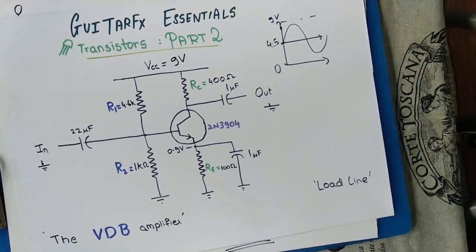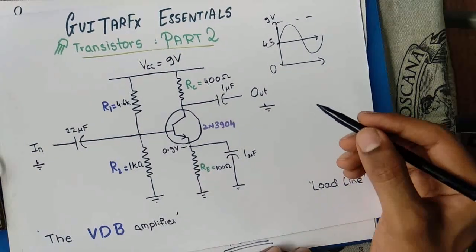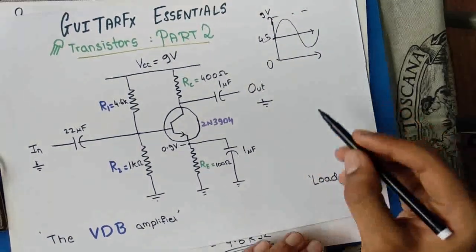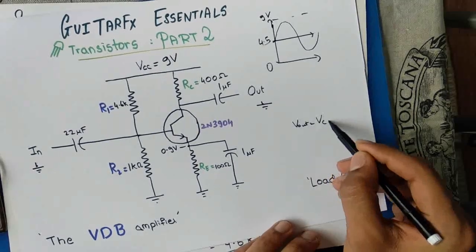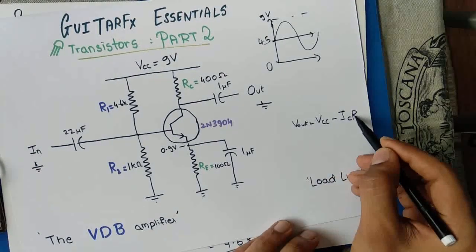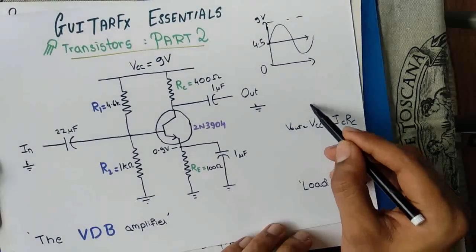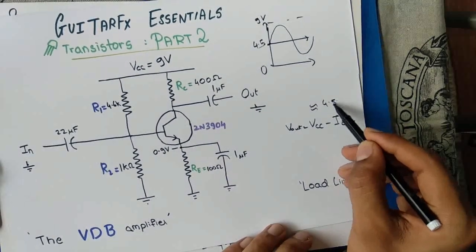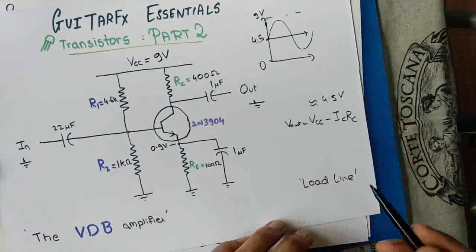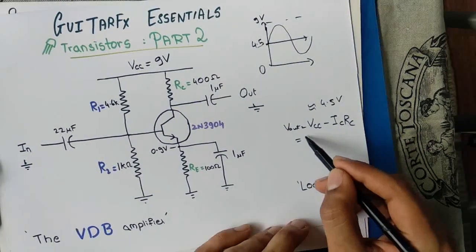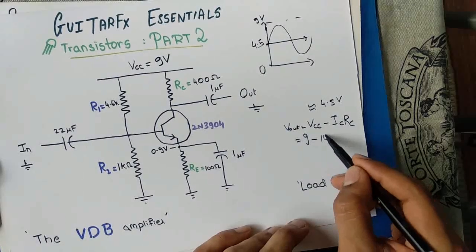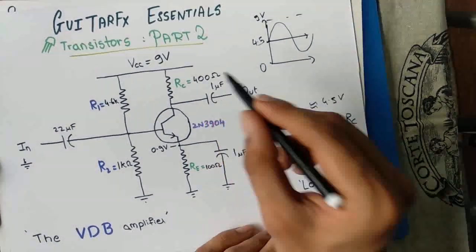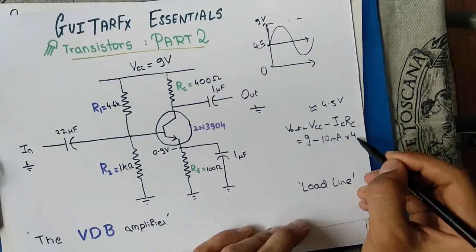And we can also check this. As I told you earlier, the way to find this out is V out will be equal to VCC minus IC times RC. We want this to be very close to 4.5 volts, and it turns out that it is actually 9 volts VCC minus IC, which is 10 milliamperes, times RC, which in our case is 400.